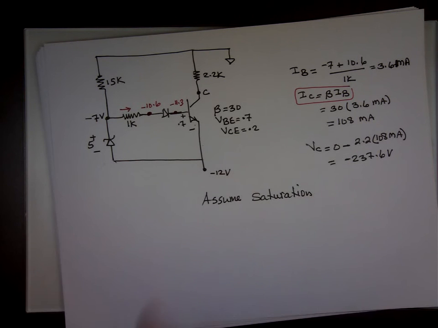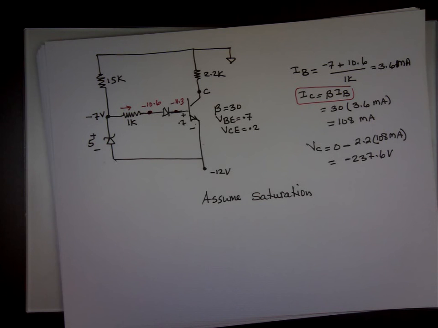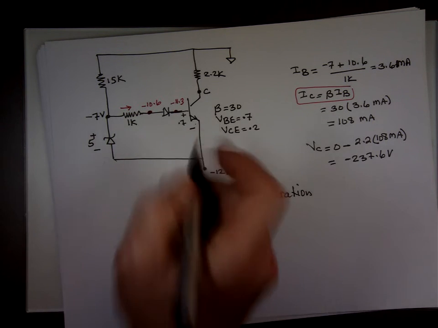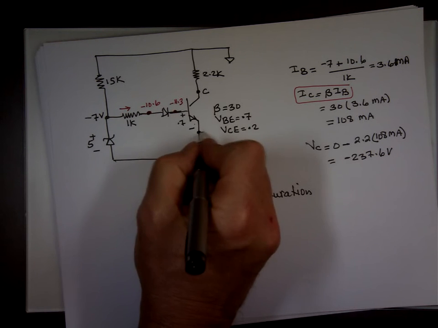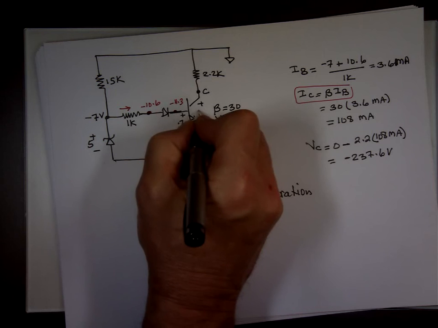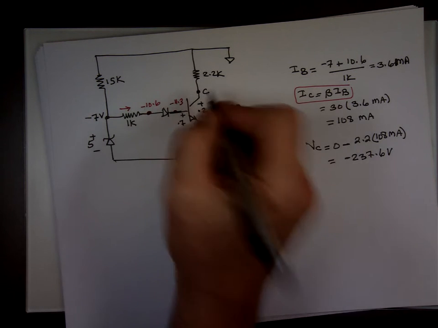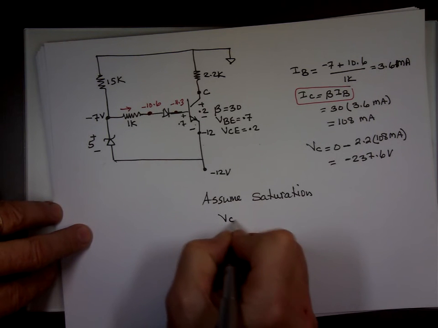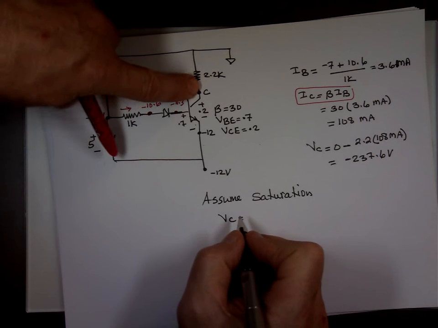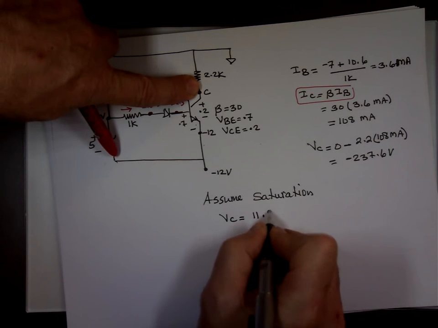I sub B is not going to change. Again, still a high number. But if it's saturation, we know this voltage is negative 12 right here. Same as this. And this end is 0.2 higher in saturation. So VC is going to equal negative 11.8.